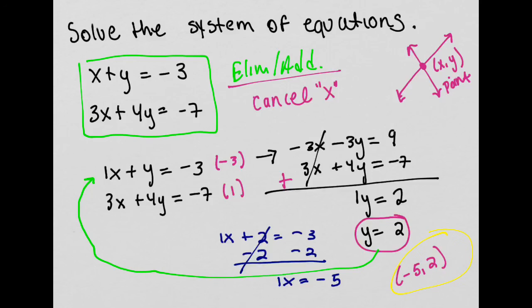Each method is easier to use based on the problem. I looked at my two equations and the easiest method to use is elimination. But you could also use substitution or graphing. This is your choice. Once we have done this, we went through the process, and our final answer was this point, the point of intersection, -5, 2.